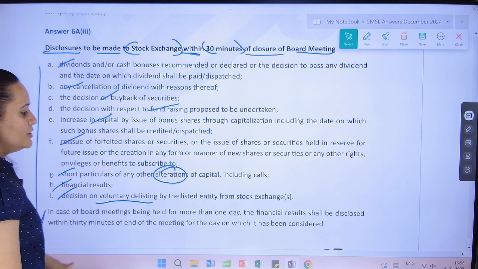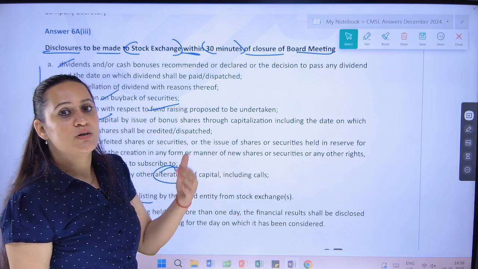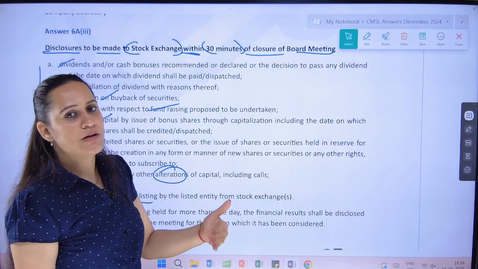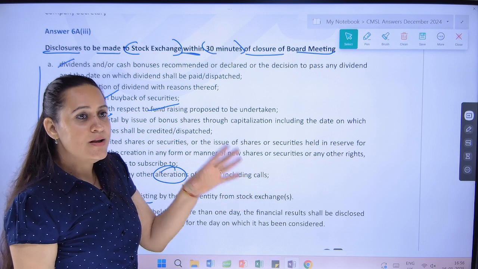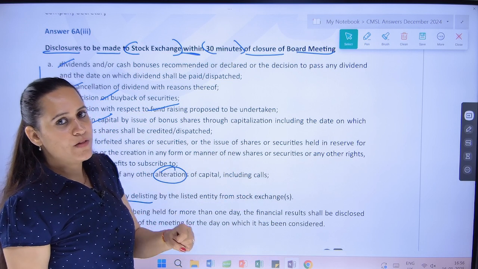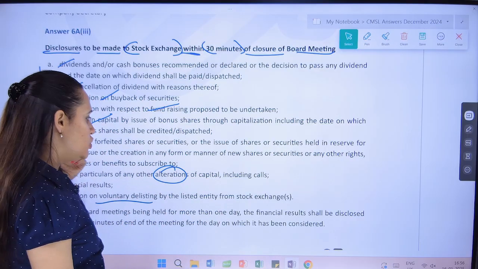For all these things, you have to, within 30 minutes of conclusion of the board meeting, give the outcome, whether the board resolution was passed or not passed. If it is passed, how many people approved, how many rejected. Entire details about the outcome of the meeting for that particular resolution is required to be submitted to the stock exchange.